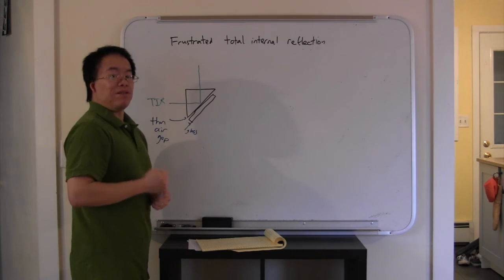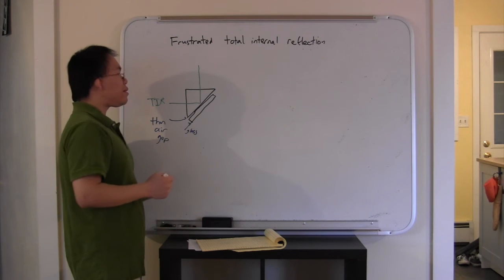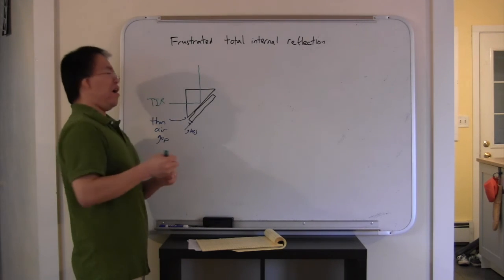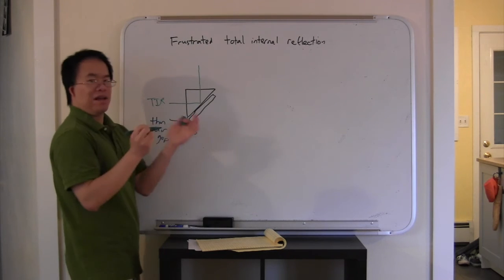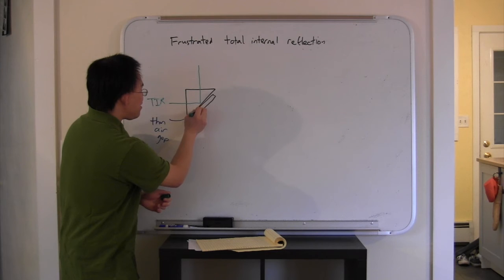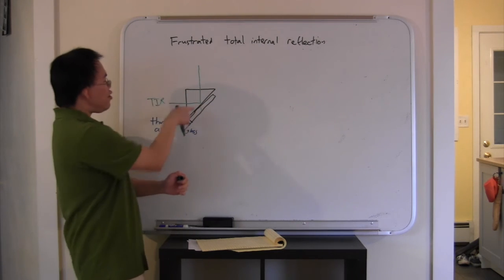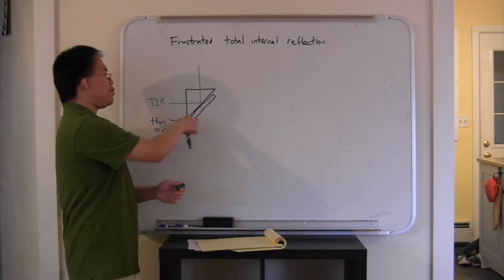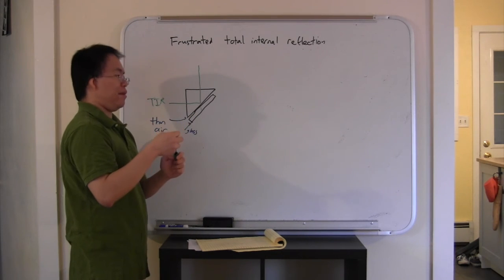It turns out a little bit of the light, that evanescent wave, can tunnel through that air gap, and you get a faint transmission through this interface that you wouldn't have in the absence of this other glass plate.